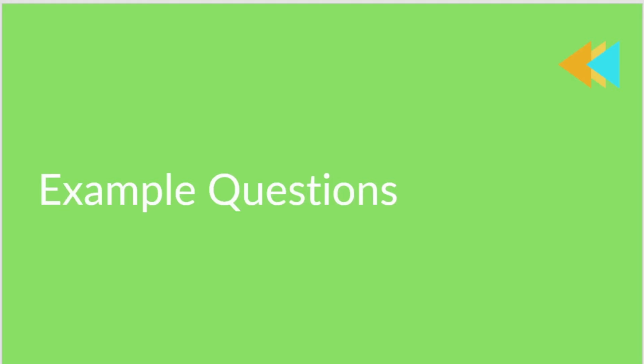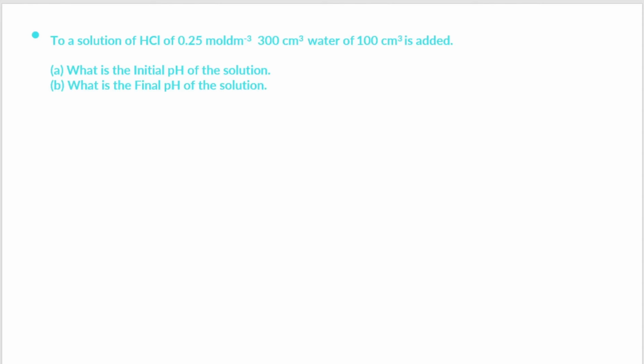Now let's solve two example questions so that we can further understand how to solve different questions using pH values and what we can conclude from them. In this question, we've been asked to find pH values in a scenario where 100 centimeter cube of water is added to 300 centimeter cube of HCl solution of 0.25 moles per dm cube.